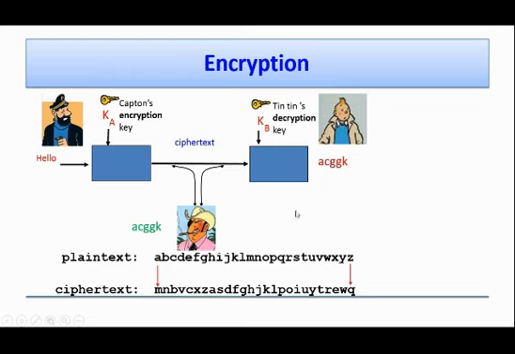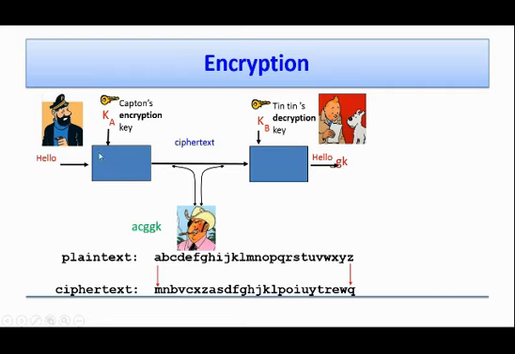So this is the A. Then he has to convert A into H, C from here maps to E, and then G, G map to L, again G maps to L, then K, K maps to O. Then he can identify what the message is, that is hello. So that reverse process is called decrypt. Captain encrypts the message, Tintin has to decrypt the message.